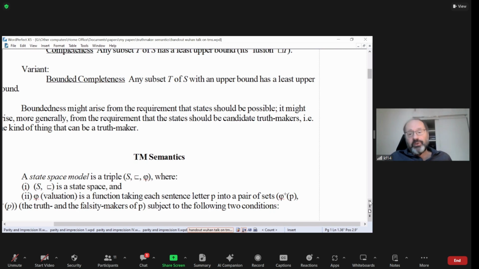That still leaves open the question of whether there's some way of understanding what it is for a sentence to be made false in terms of what it is for a sentence to be made true. We can't explain that connection in the obvious, classical way, but maybe there's some other way. And there's a kind of divide within Truthmaker semantics. Some versions of the semantics find some other way of explaining how a sentence might be made false in terms of how it might be made true.